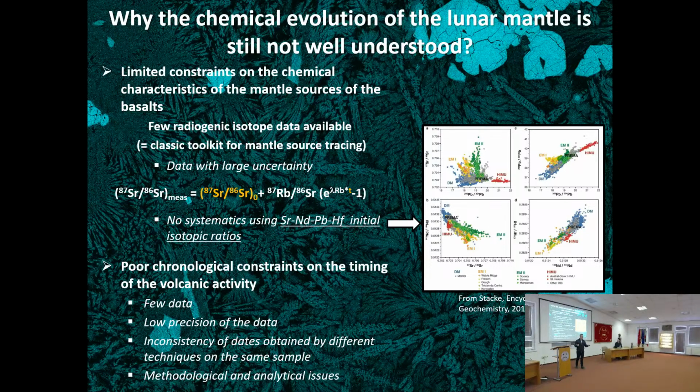And many investigations in the past focused only on one isotopic system. So basically, we don't have systematics using combined strontium, neodymium, lead, hafnium initial isotopic data like we have on Earth, like there are plots where you have all terrestrial basalts forming trends towards different mantle components.